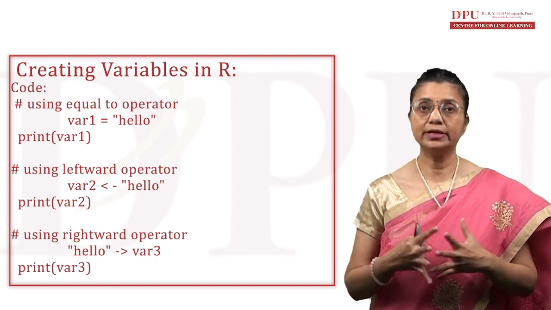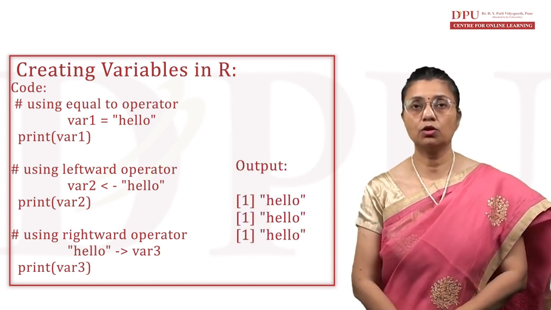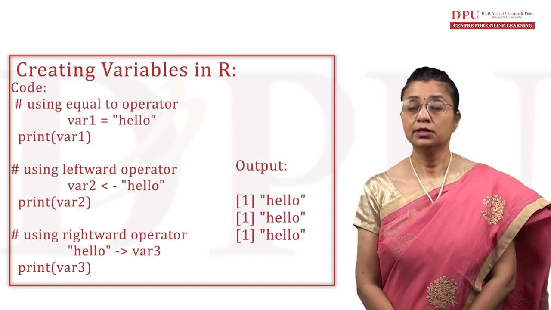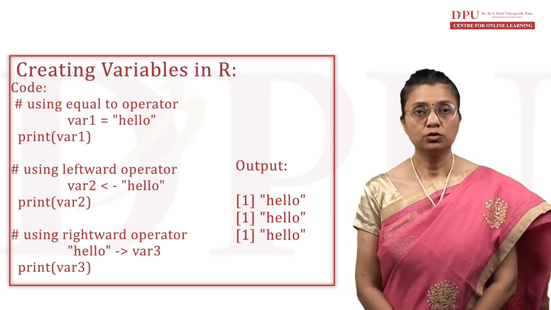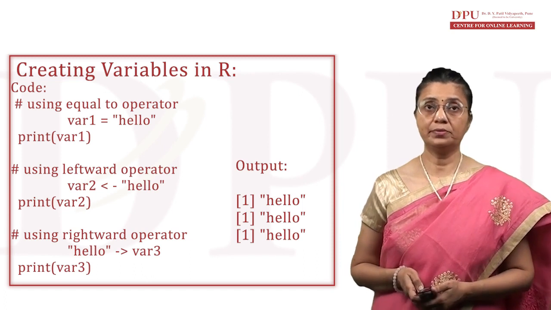Again it is printing hello. So the output is the same in all three options. In all three ways of creating a variable, the value is hello and the variable is capturing the value. The only difference is how I write the assignment operator.